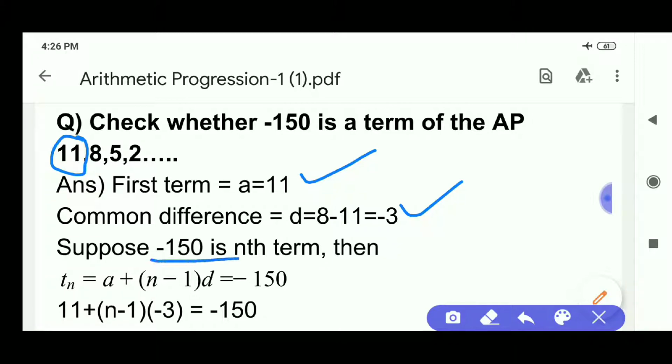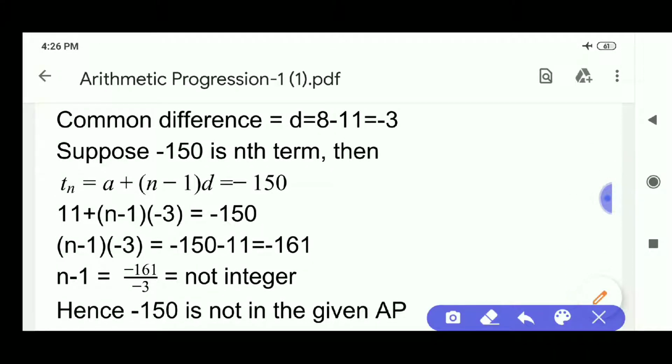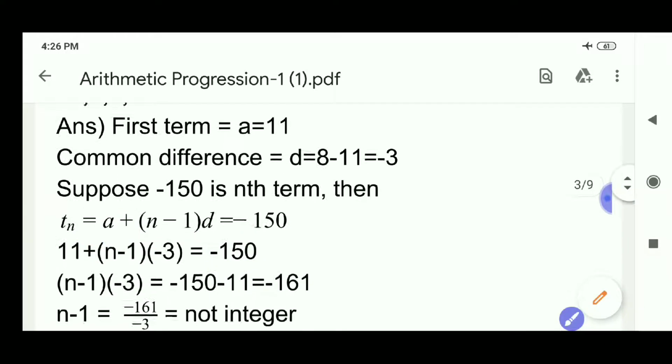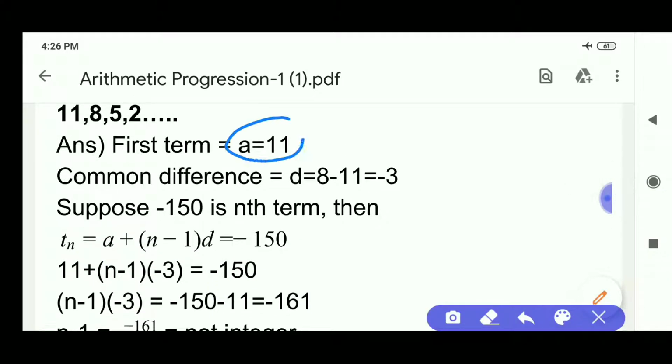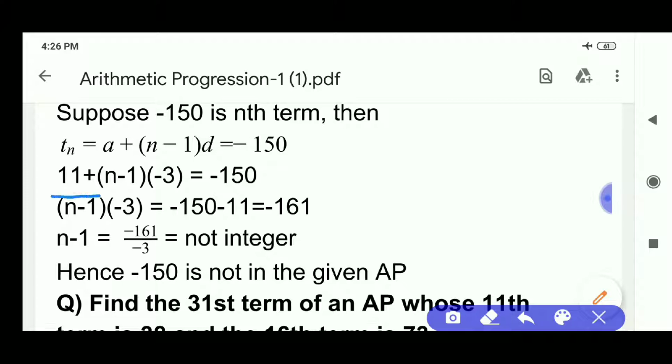Suppose minus 150 is the nth term of this arithmetic progression. Then according to our formula, the nth term is a plus n minus 1 into d. That is, minus 150 equals a plus n minus 1 into d. You know that a is 11 and d is minus 3. Substituting these values, 11 plus n minus 1 into minus 3 is equal to minus 150.